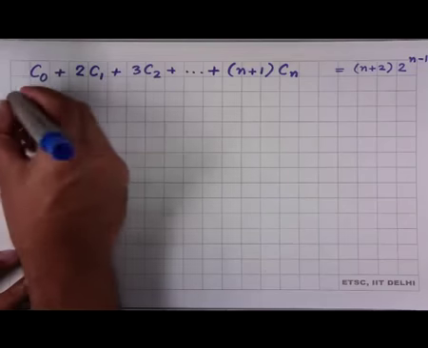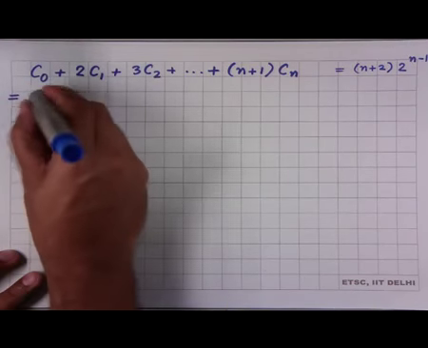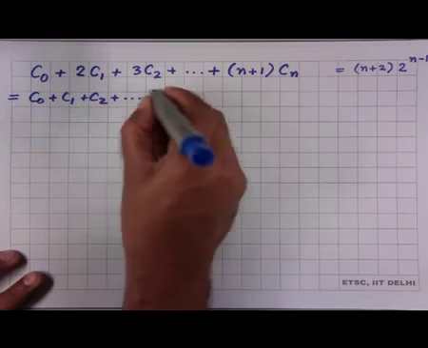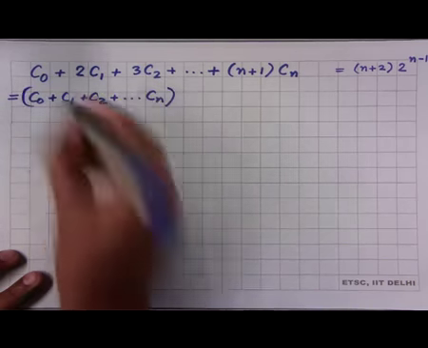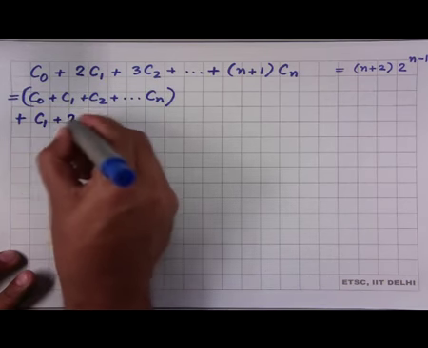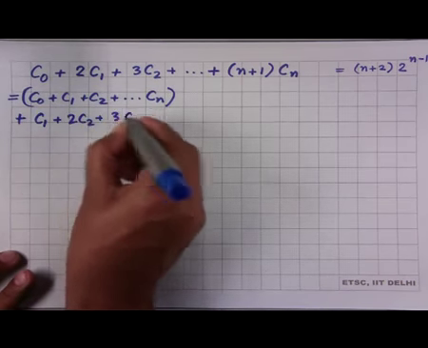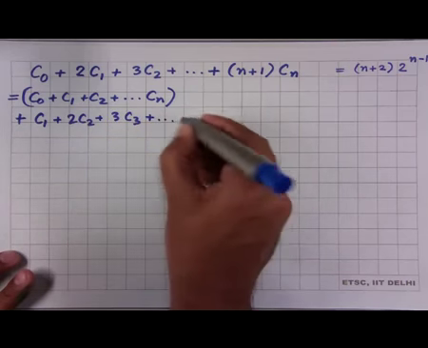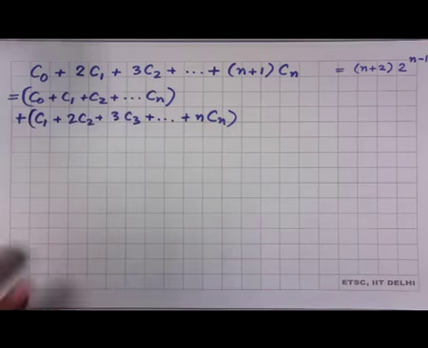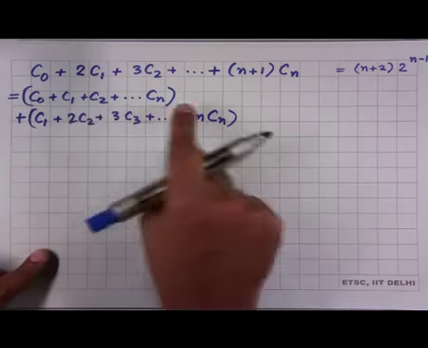This is equal to C0 plus C1 plus C2 and so on, plus C1 plus 2 C2 plus 3 C3 plus n Cn, right. And you know what the first one is.